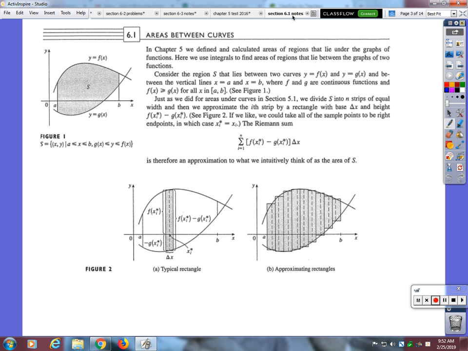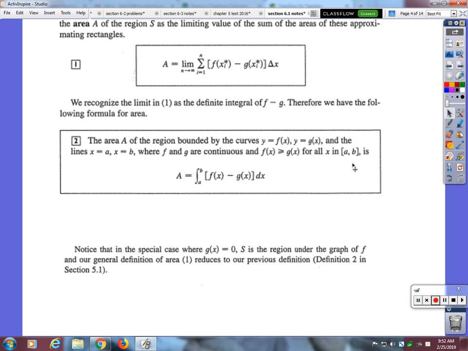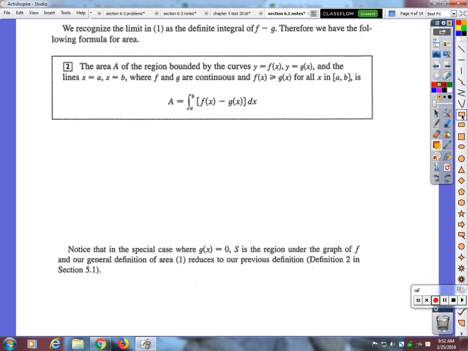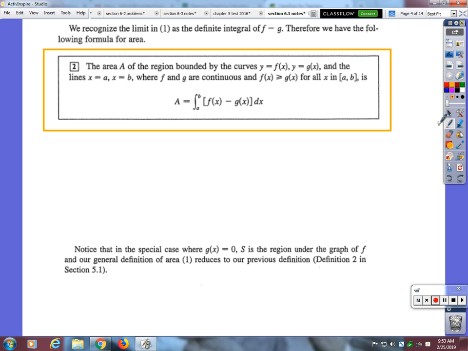All right, so this is the formula. The area A of a region bounded by the two curves y equals f of x and y equals g of x, from x equals a to x equals b.